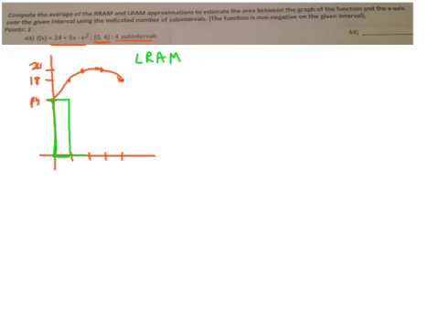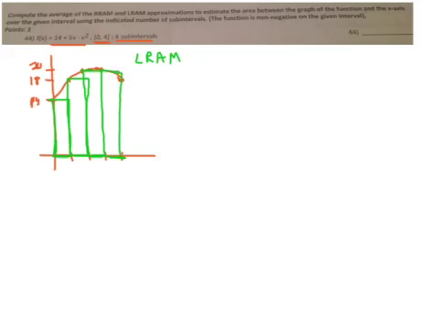Then at 1, we go up, go over, and go down. At this rectangle, we go up to our graph, come over, and come down. In this interval, we go up to our graph, come over, and go down.